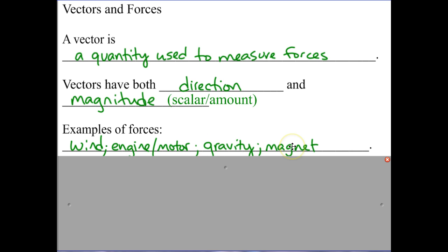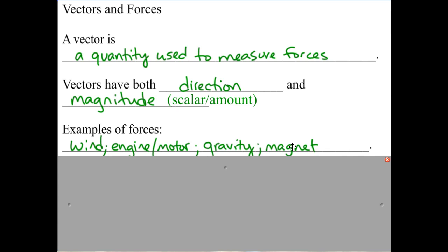A magnet is an excellent example. Has a direction as well as a magnitude. You could be an example of a force, right? You push up a weight, or you push on a chair with wheels on it. That chair goes in a particular direction and at a particular rate depending on how strong your force was that you pressed it at. So you're an example of a force.